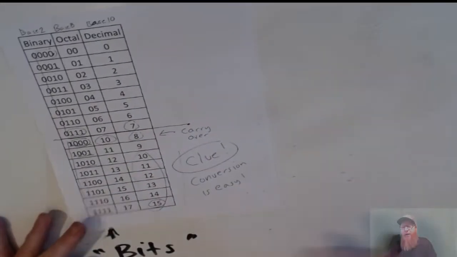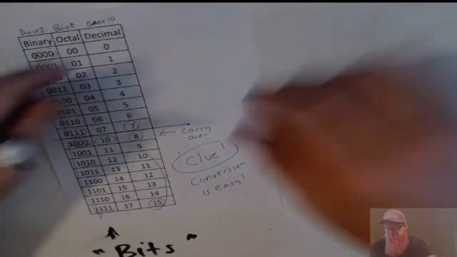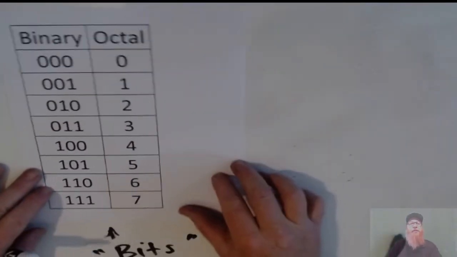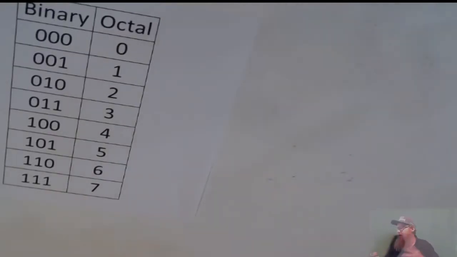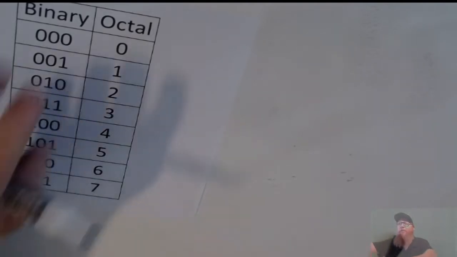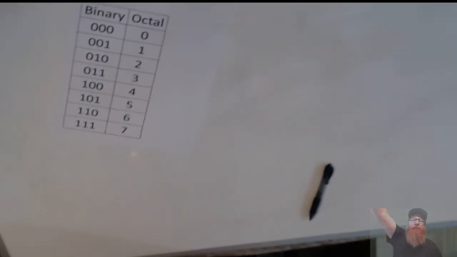Okay. So I made a larger version of this that we can use for this demonstration. I don't need the decimal numbers anymore. I think you know all of the decimal numbers. Those are what we often refer to as just regular numbers. Let's see if I can get a little bit more space for you guys to see. Sorry about that.